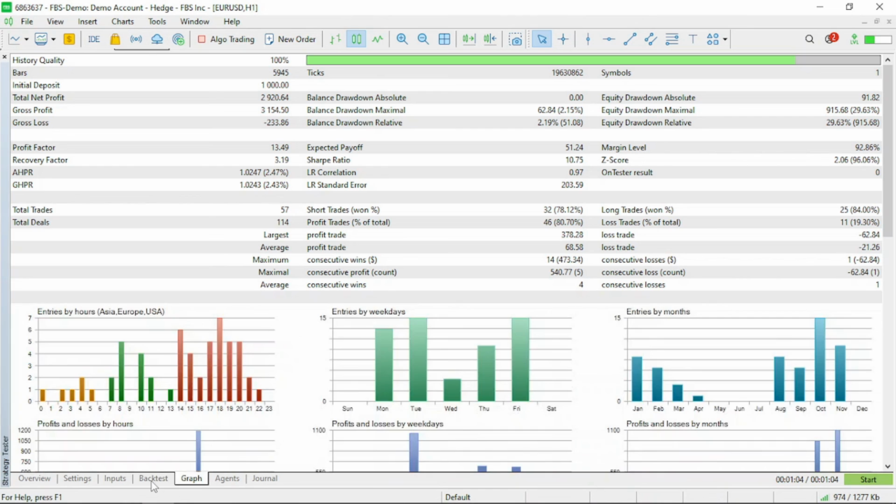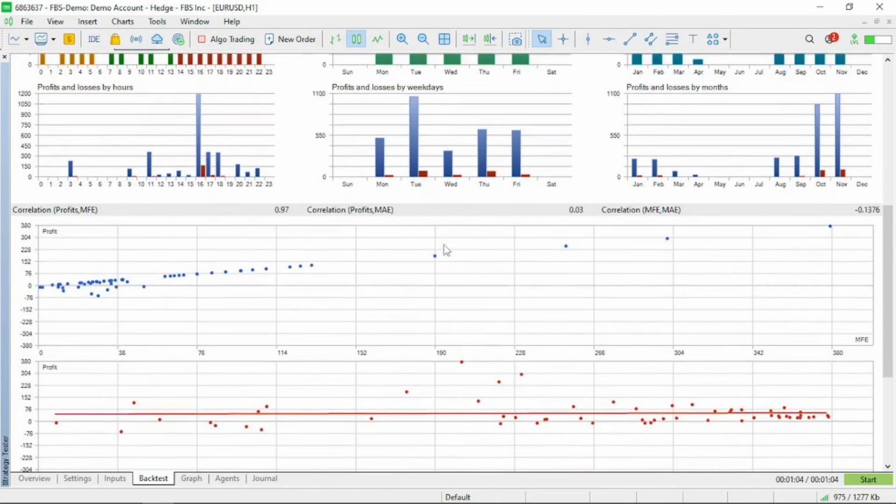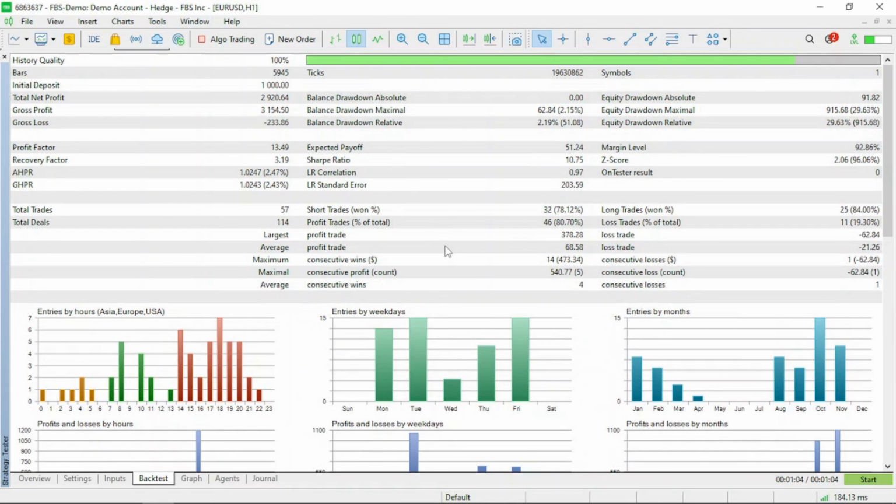And as you can see, our $1,000 deposit has a total net profit of $2,920.64 with an equity drawdown of $915.68 and a profit factor of 13.49. When we look at the different trading days on default, you'll see that there is a higher quantity on Mondays, Tuesdays, and Fridays, and we'll see the different graphs that portray the results for the bot.